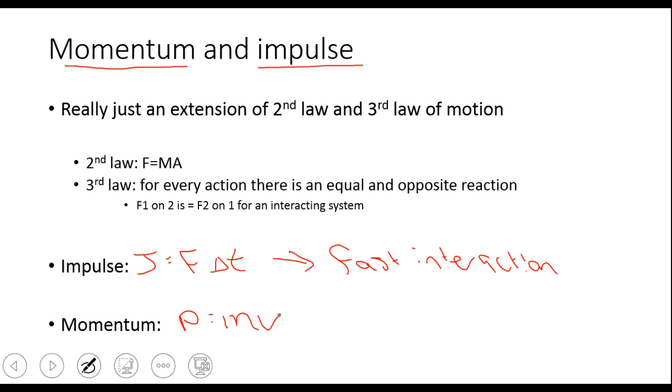We also explored the idea that momentum and impulse are kind of the same thing. There's a theorem about that, which is that the impulse is equal to the change in momentum in a system.